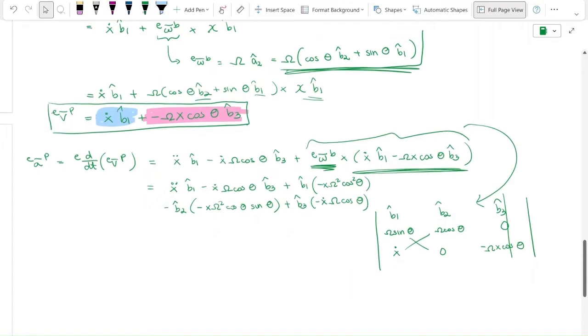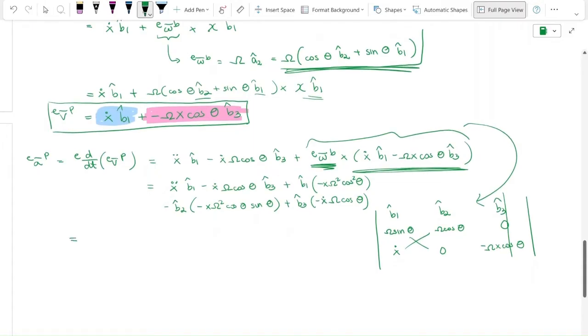Okay, and then we can simplify this, and this becomes x double dot minus x omega squared cosine squared theta b1 hat, plus x omega squared cosine theta sine theta b2 hat, plus minus 2x dot omega cosine theta b3 hat.